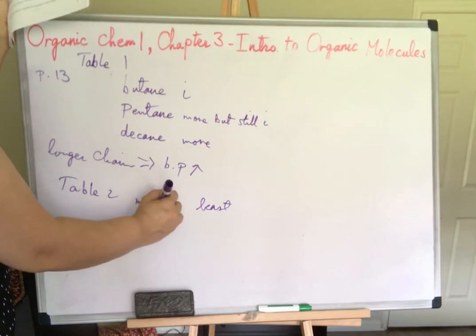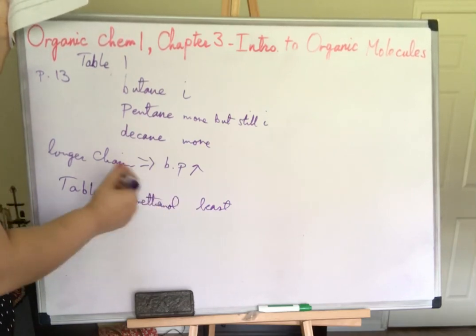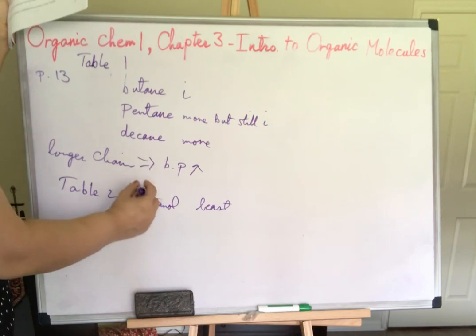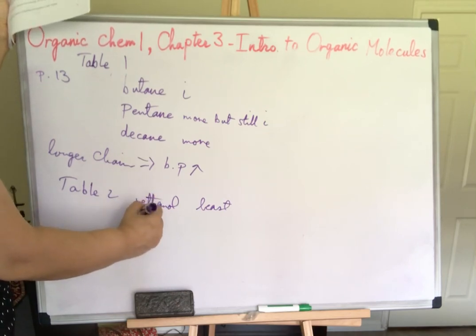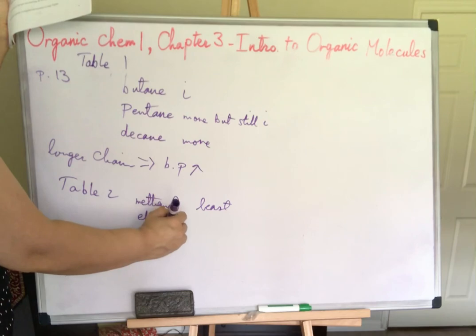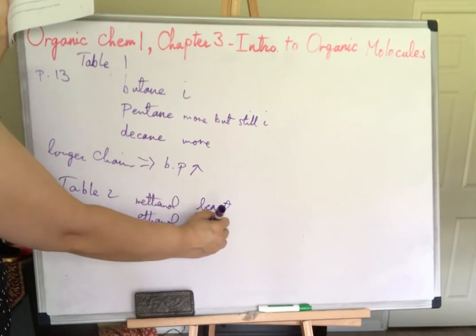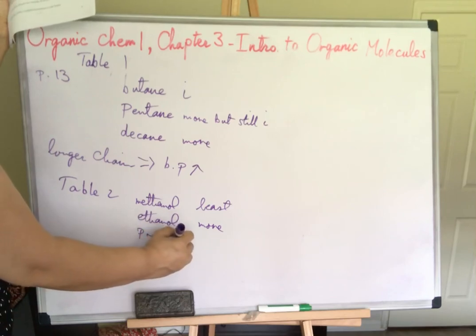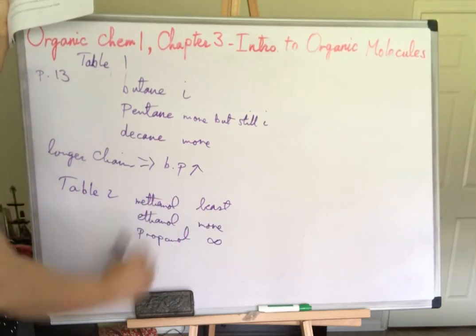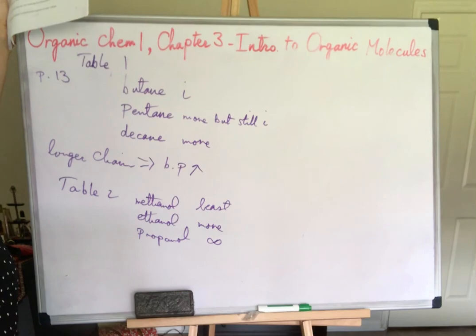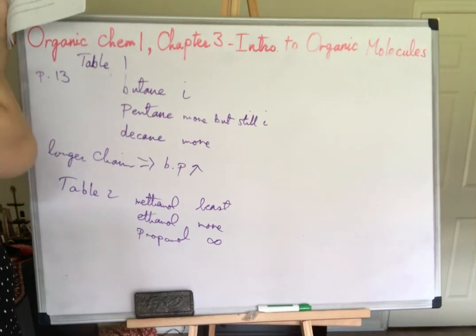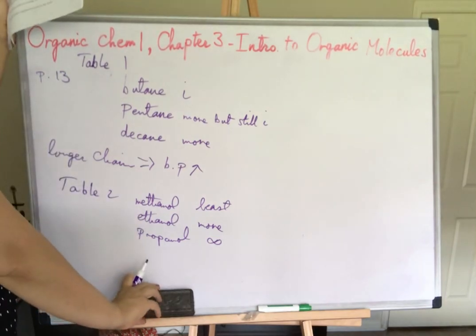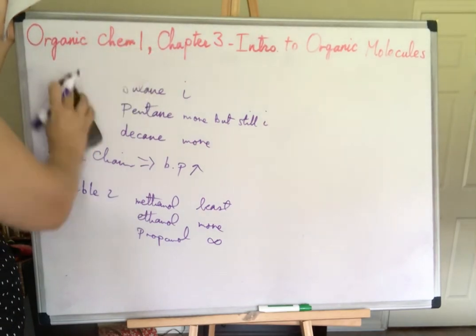The chain is not that long also, although they have the OH group for the hydrogen bond. The ethanol is more soluble and propanol is infinite solubility. You can add as much as you want. So that's how the solubility of alcohols changes.